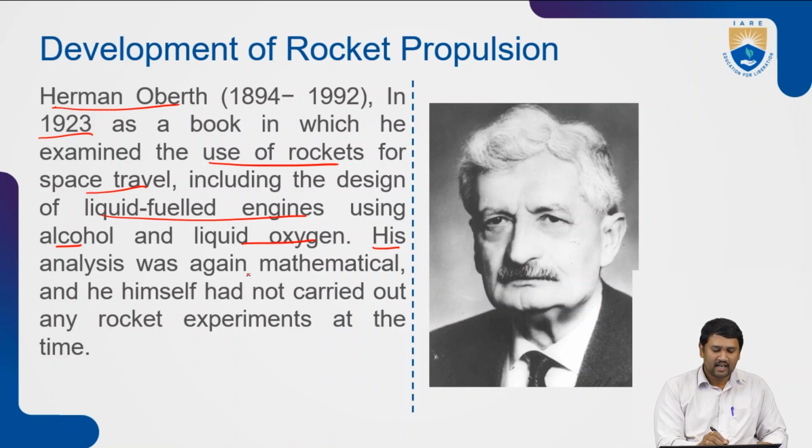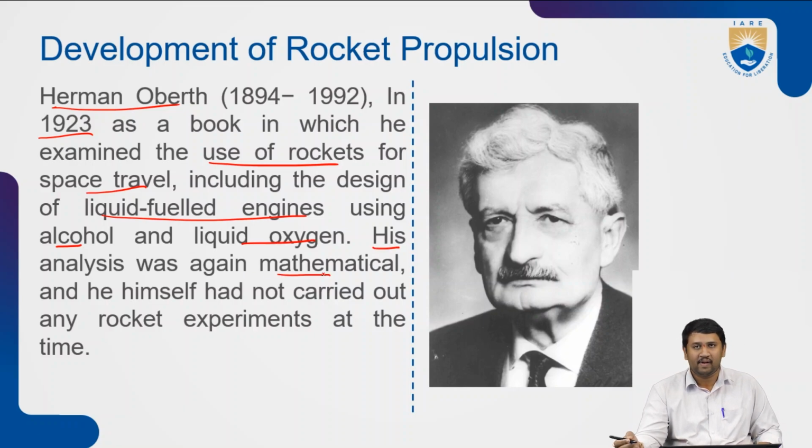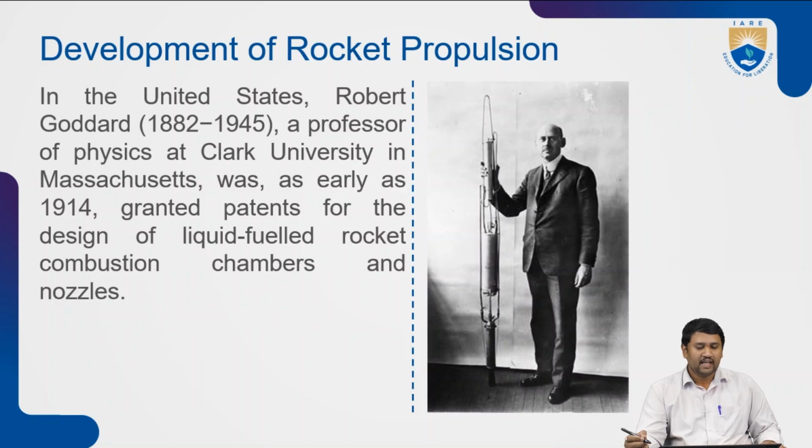His analysis was again mathematical, but he didn't himself carry out any rocket experiments at the time. But he gave out all the required data in order to create a better rocket.